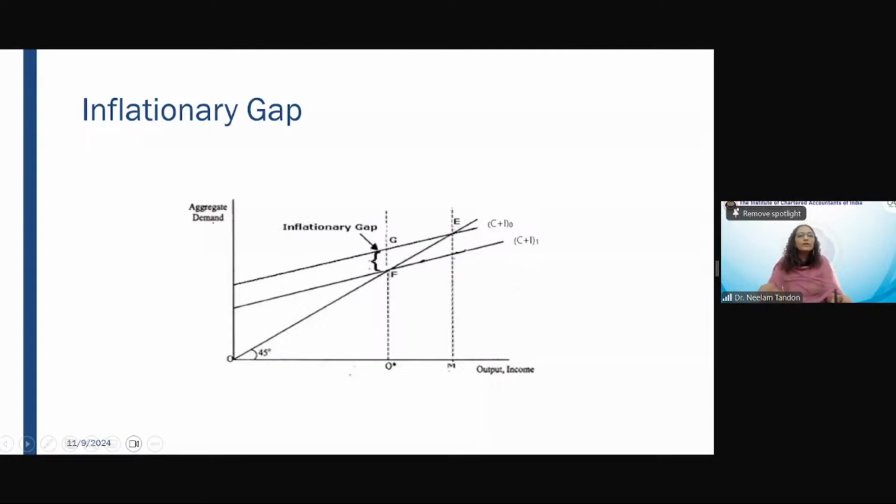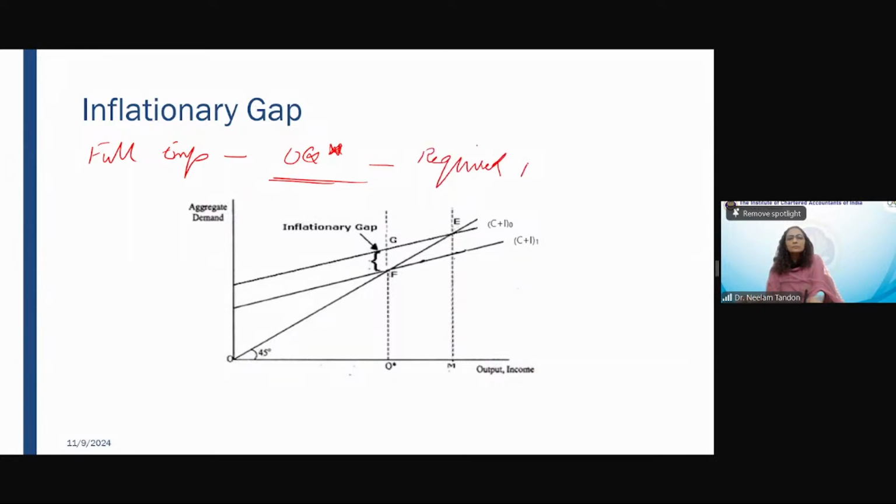So in inflationary gap, what do you see? That full employment is at OQ asterisk. That means all the resources are optimally utilized. So the required demand should be C plus I1.